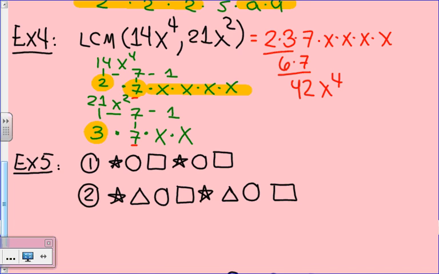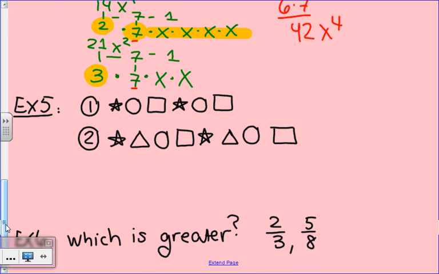And now for a little bit of fun. We're looking at a pattern. I'll give you 7 seconds to copy that pattern down. So what I'm noticing about the pattern is that I went star, circle, square.